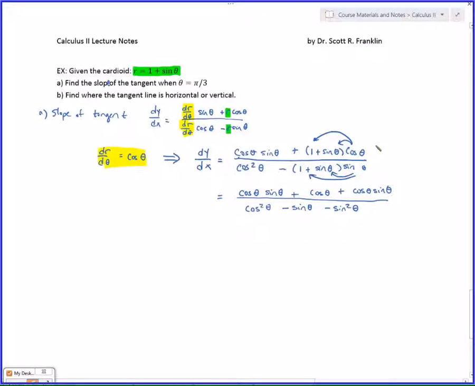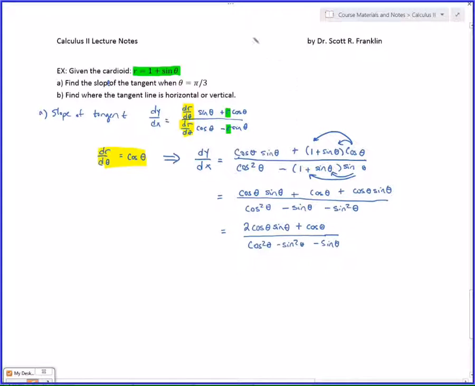So actually on top I'm left with 2 cosine theta sine theta plus cosine theta. On bottom, I'm going to put cosine squared and sine squared together, but they're subtracted.